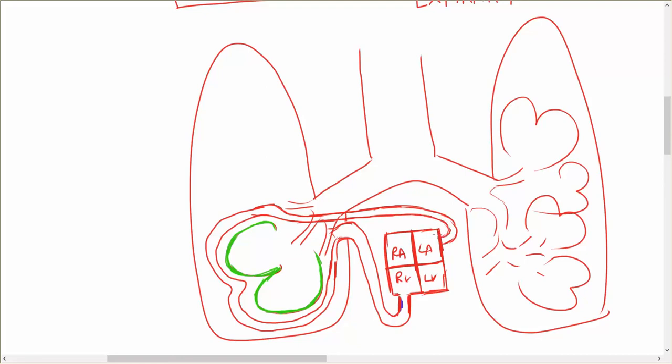Likewise, it happens in the other lung also. We just take one example of the right lung.